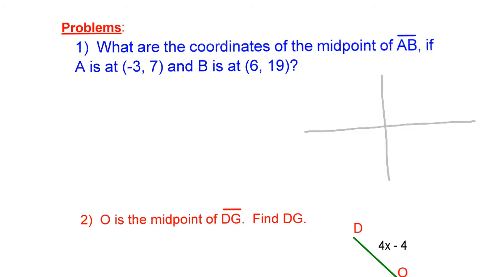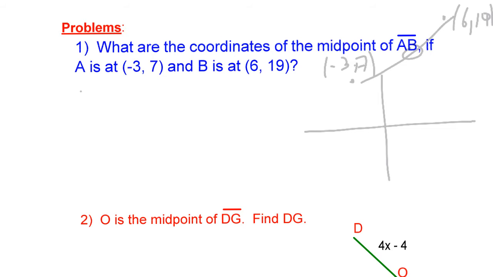Okay, negative 3, 7 will be somewhere here. And 6, 19 would be somewhere here. As you can see, the midpoint will be somewhere in our first quadrant.